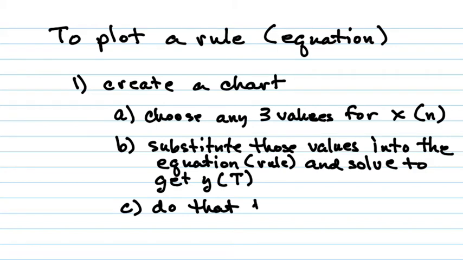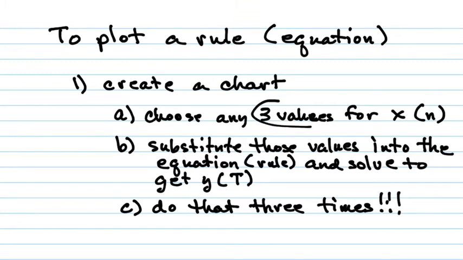Do that 3 times. For all 3 values, each value of x is going to return a specific y value. They never repeat for linear patterns. So you need to make sure you do it for all 3 of those values.